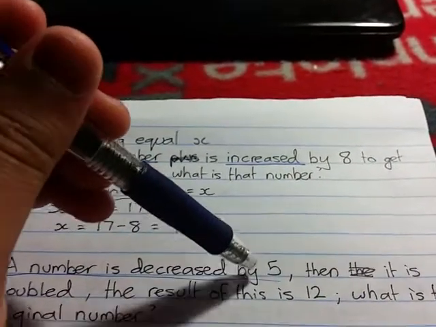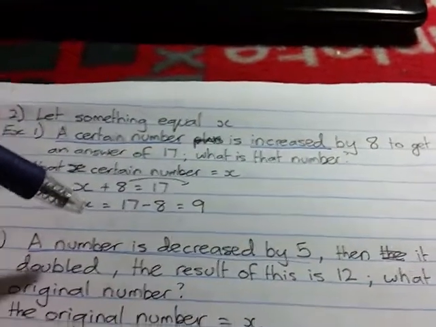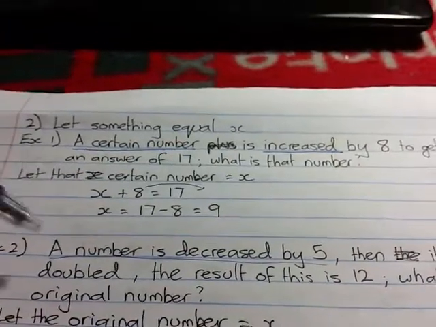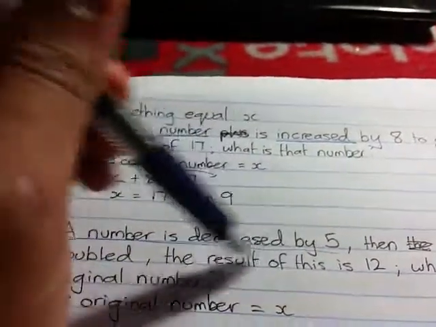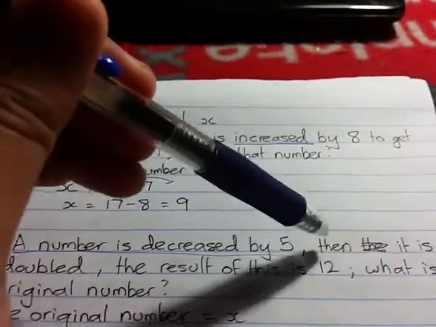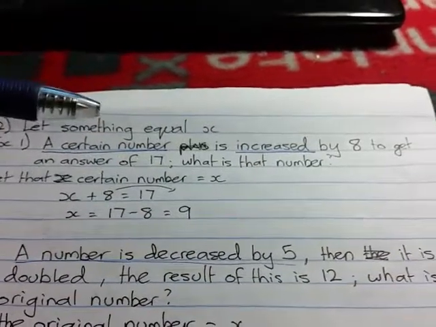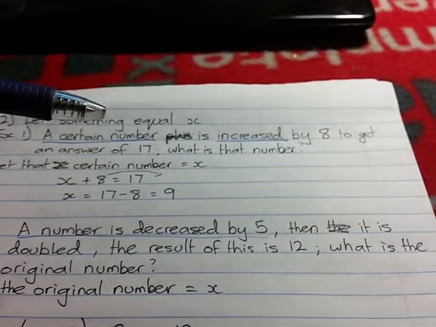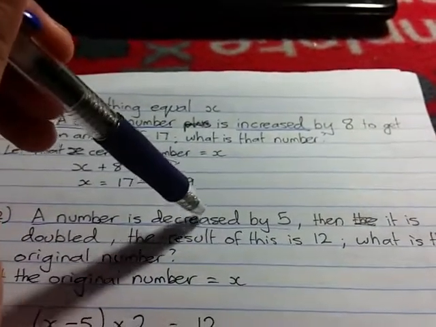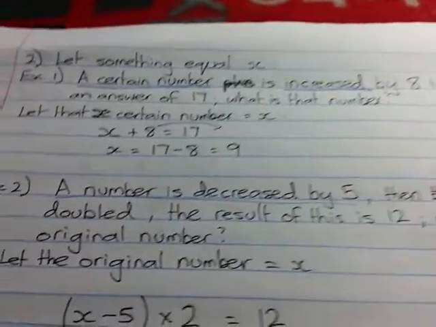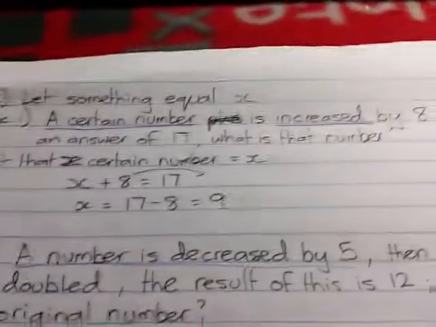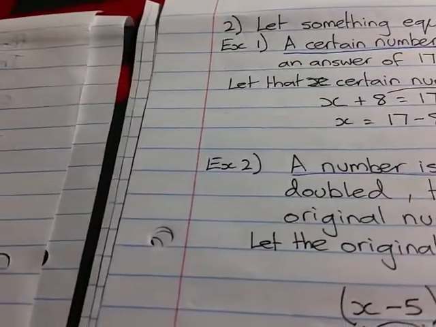an instruction is given. So I'm going to say let that original number be x, because why not? A number is decreased by 5. We know decrease means subtraction, so that's fine. But then it says then. So based on the wording of the question, it seems the act of doubling happens after the number is decreased by 5. So it looks like we start off with x and then decrease by 5 to give it a minus 5.